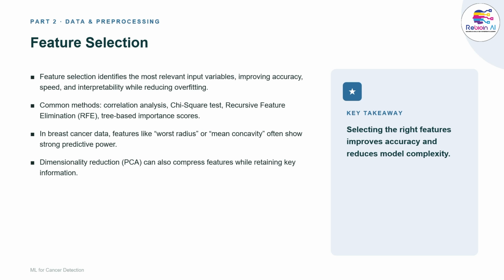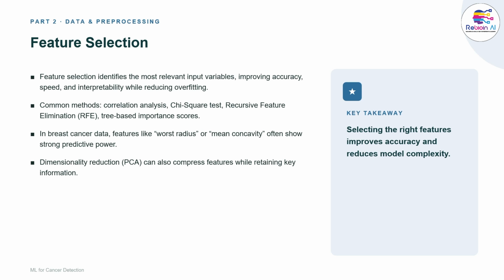Feature selection identifies and keeps the most useful inputs, giving three benefits: better accuracy, since noisy irrelevant features can confuse a model, and faster training, since fewer inputs mean less computation, and a simpler model.